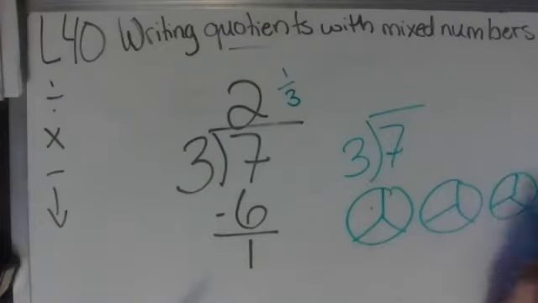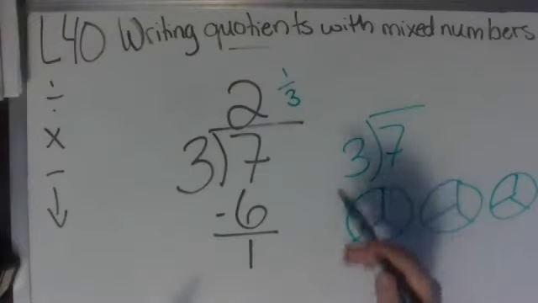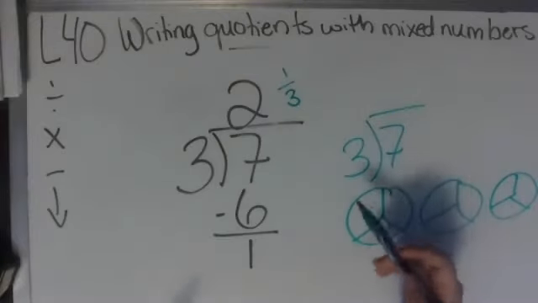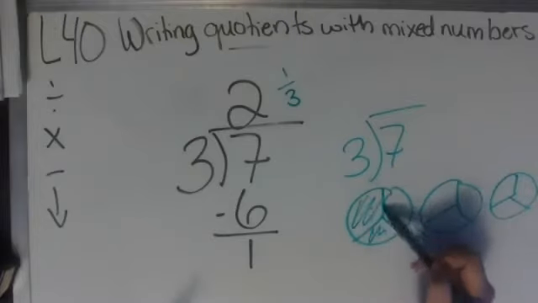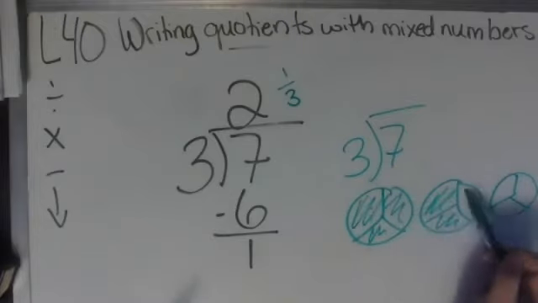Let's leave it at that for a minute. And you see each of these circles has been broken into 3 pieces. So I need however many of these pieces I can get, which would be 6, right? 1, 2, 3, 4, 5, 6, because I can't fill in another whole without it being something else. So 2 of these can be filled in completely.